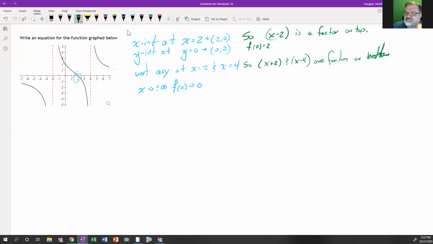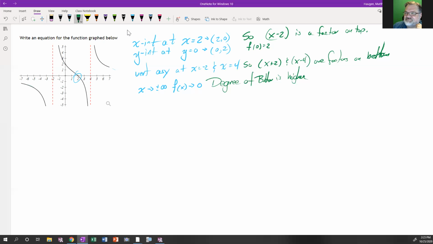And since the horizontal asymptote is at y equals 0, with the function heading towards 0, we know the degree of the denominator, the bottom, is higher. Now we've got 2 factors for the denominator, so that'll make it a second degree polynomial if we don't add anything else, and a first degree polynomial on top if we just stick with that factor x minus 2.